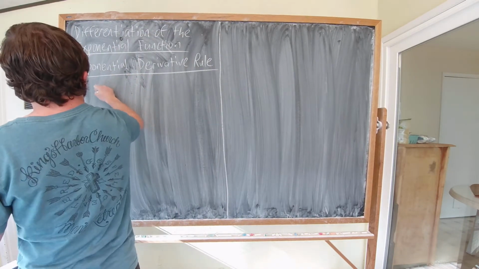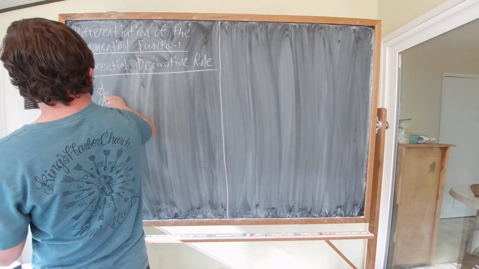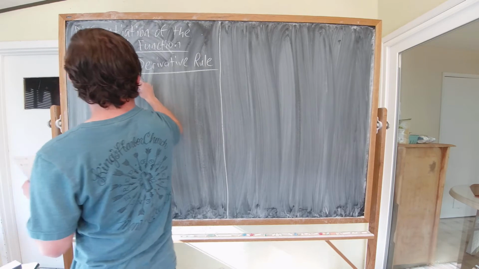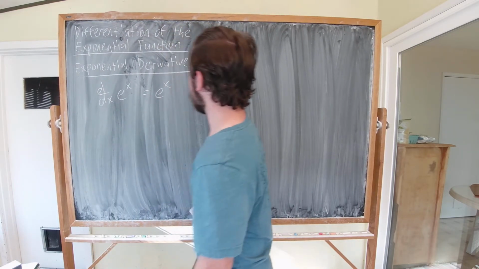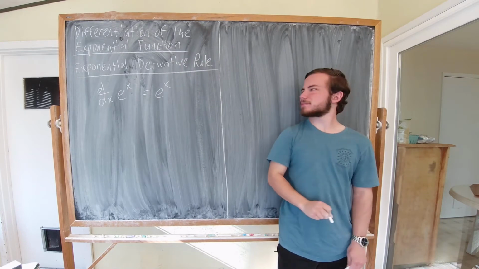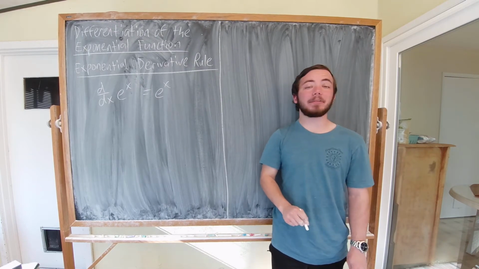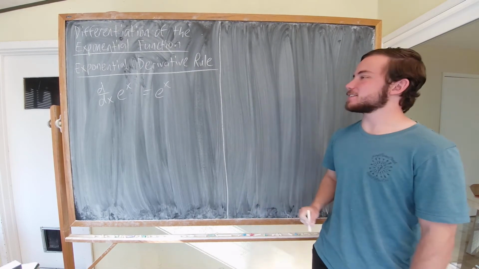Proof states that the derivative with respect to x of e to the x is, in fact, e to the x again. How about that? So, nice little one, right?